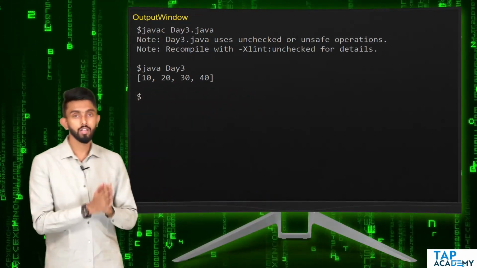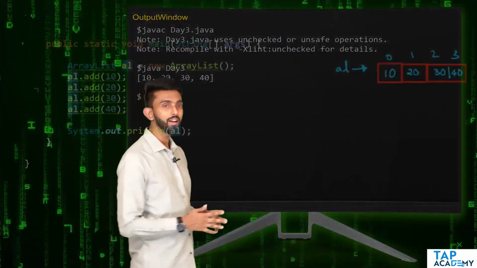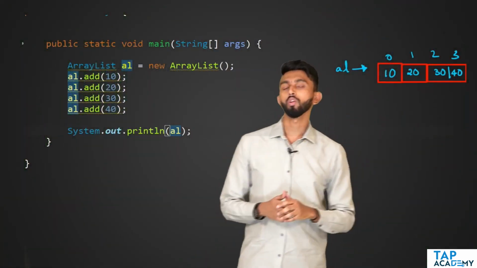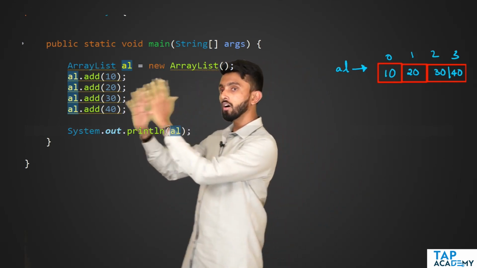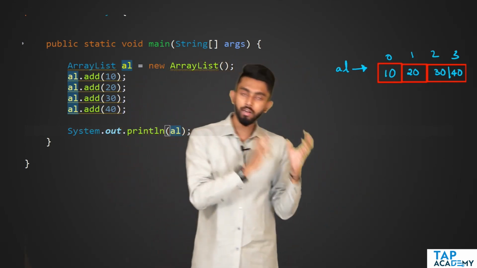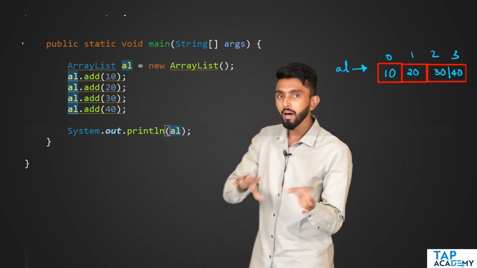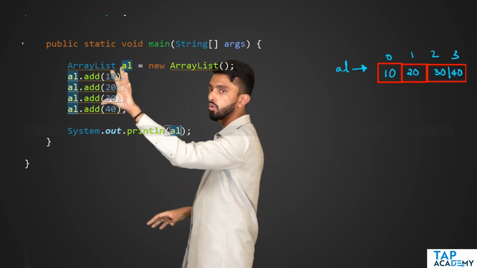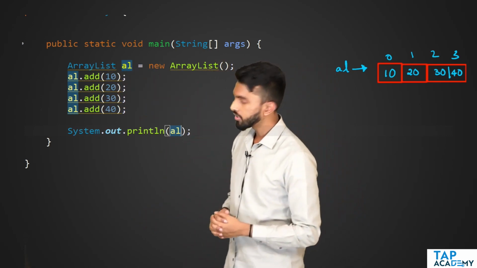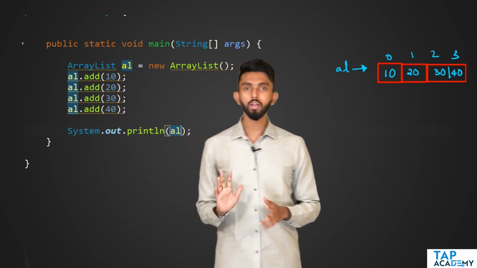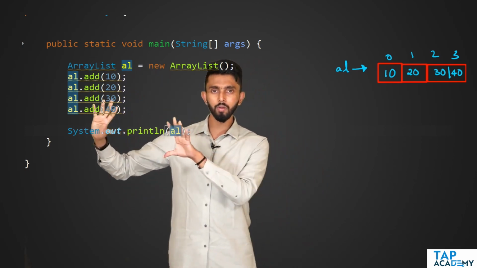So it works perfectly. And see, it stored it in the same way I showed you. Now, this is the structure which I am going to use to store my data. Any confusion till this point of time? I hope everybody understood the simple array list concept.